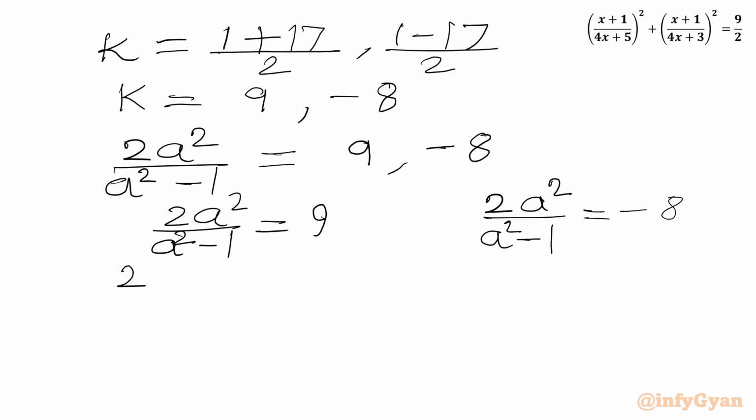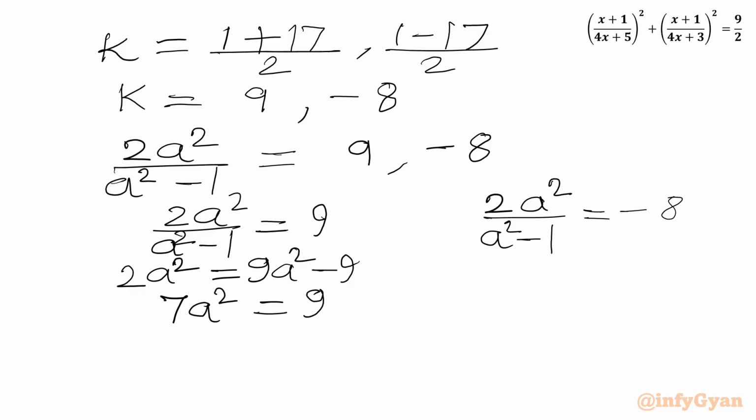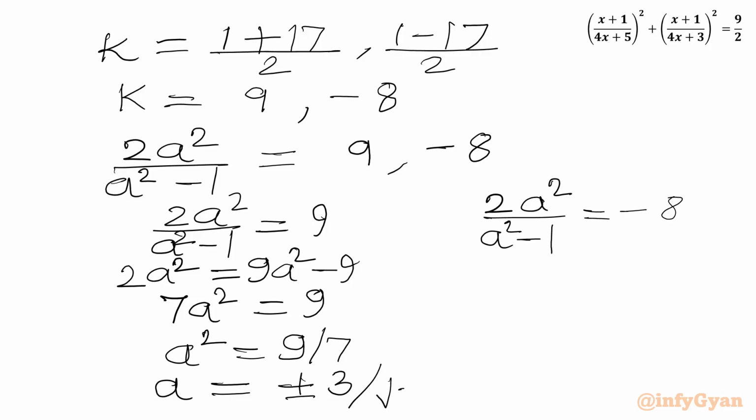So I can cross multiply. I can write 2a² will be equal to 9a² − 9, or we can write 7a² will be equal to 9, or a² will be equal to 9 over 7, or we can write a will be equal to ±3 over square root 7.